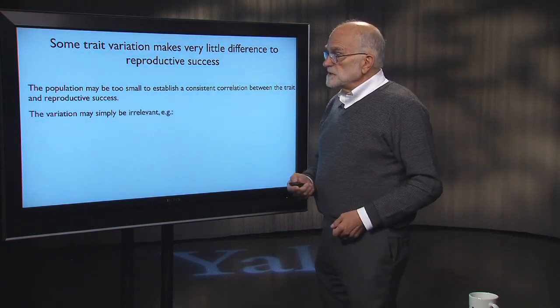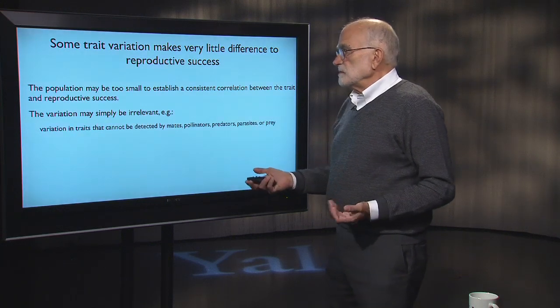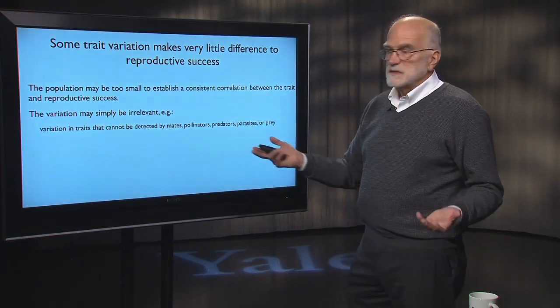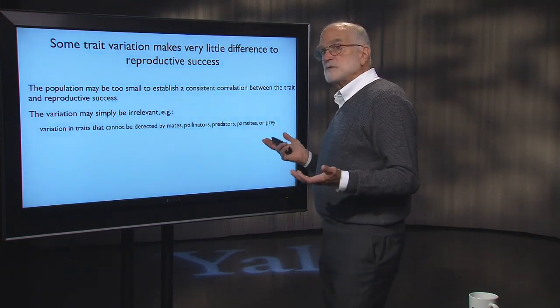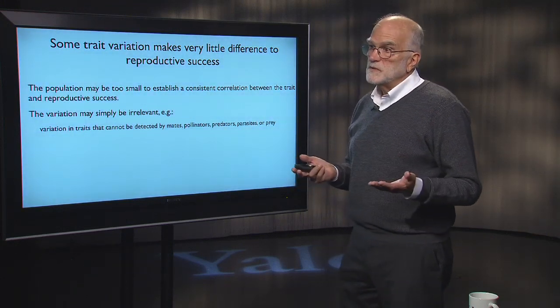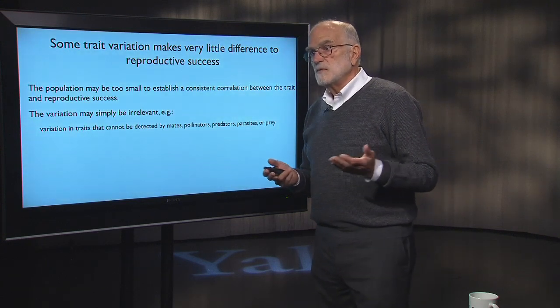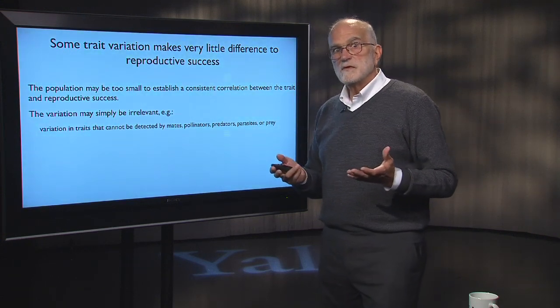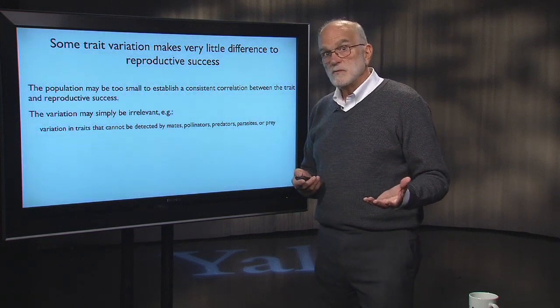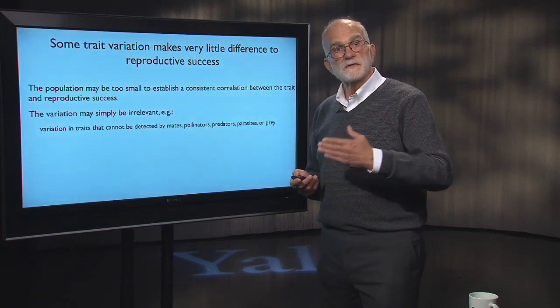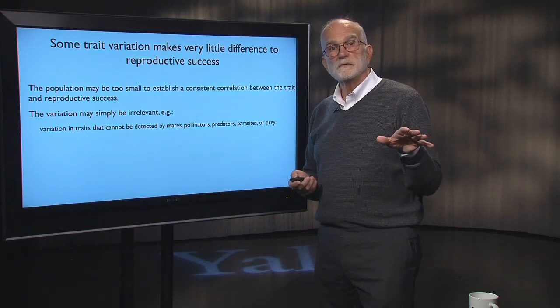Some of the variation may simply be irrelevant. For example, there might be variation in traits that cannot be detected by mates, pollinators, predators, parasites, or prey. For example, let's suppose that we're talking about something that might be involved in mate selection, and that species happens to be colorblind. There could be all sorts of color variation that would then be neutral.